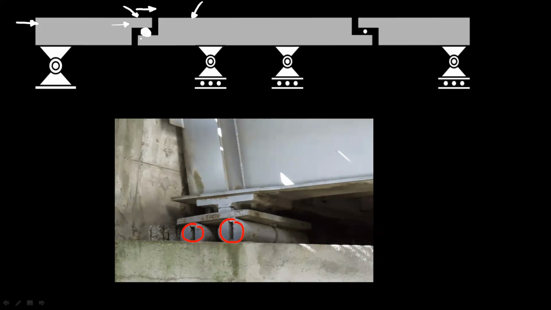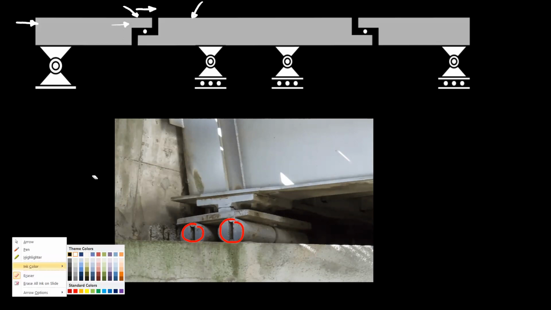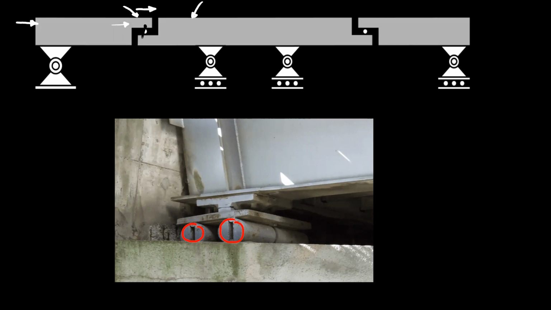Suppose instead of this roller support, if you add the hinge support at this point, then it will restrict the free movement due to expansion. And that will give rise to excessive stresses in this member.